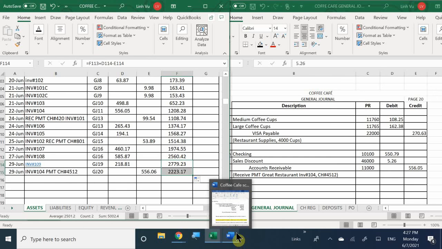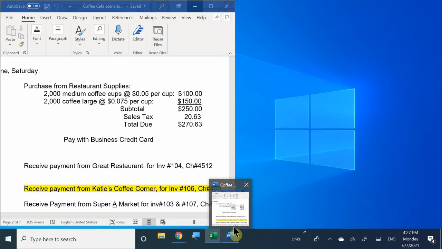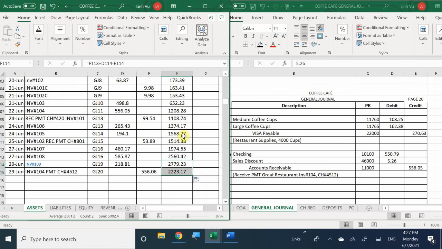What did you get? I got $2,228.44. Okay, I did not get that. All right, then I will check my numbers. 2,223.18. Yeah, 18 is correct. I fat fingered that one too. Okay, there you go.